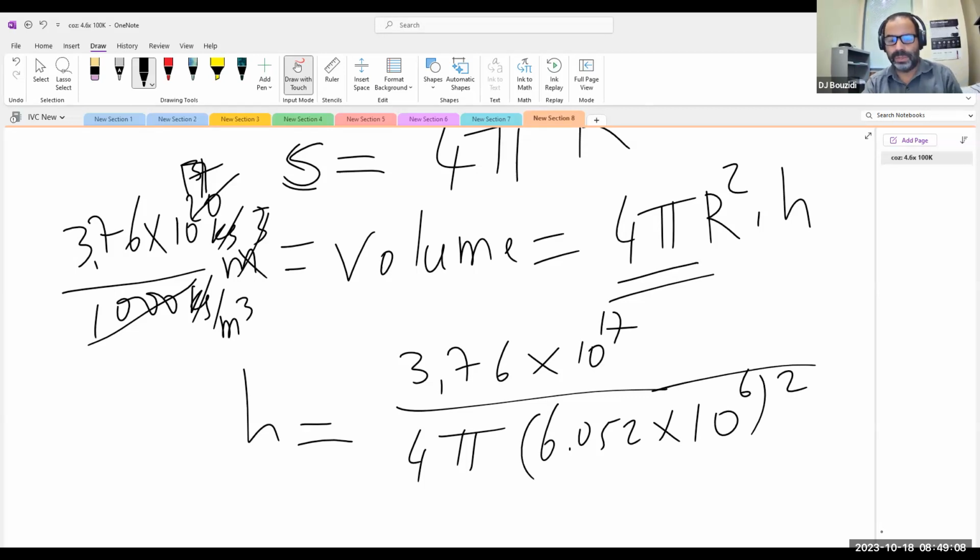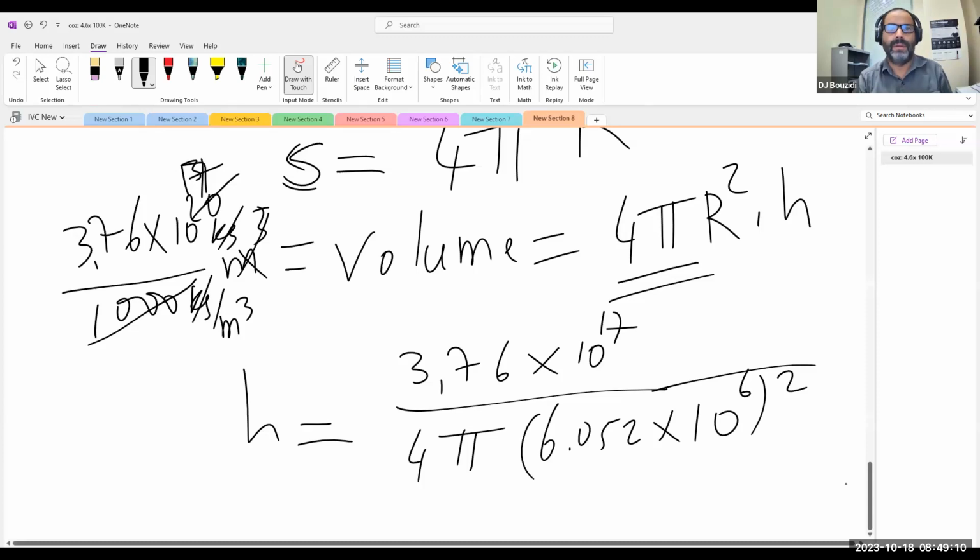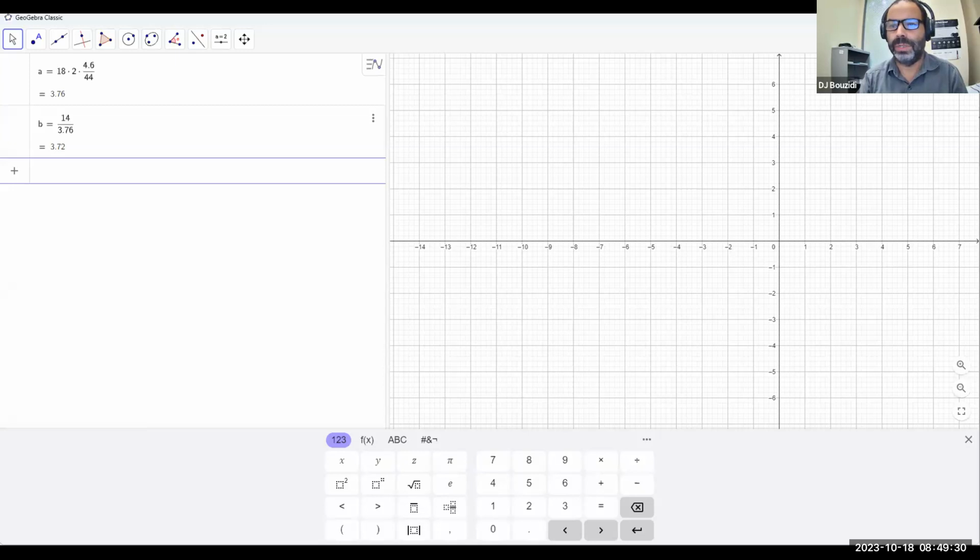I'm going to punch this in a calculator because I can't do it fast enough. So I'm going to stop the sharing in here, and I'm going to pull that calculator again. Share. Where is my calculator? There it is. Okay, so what I have in here, let me push this screen up there.